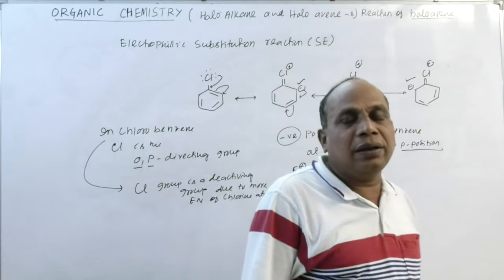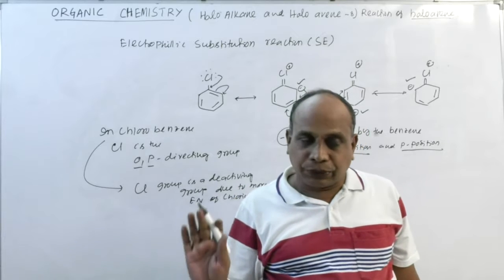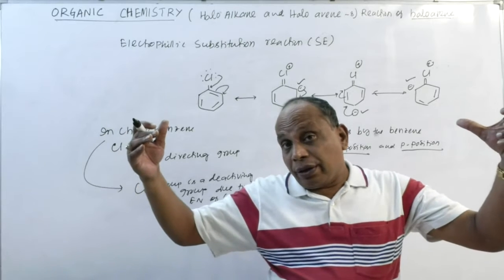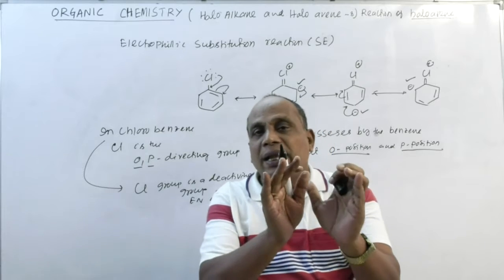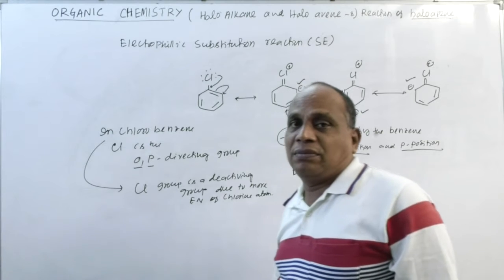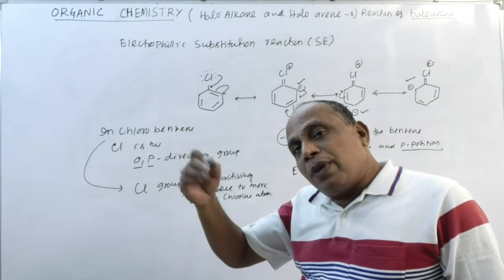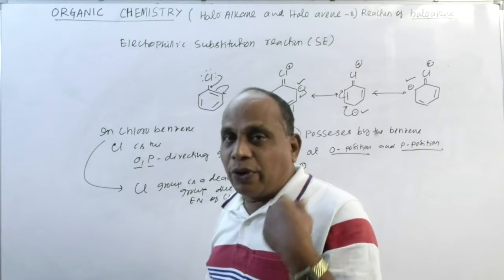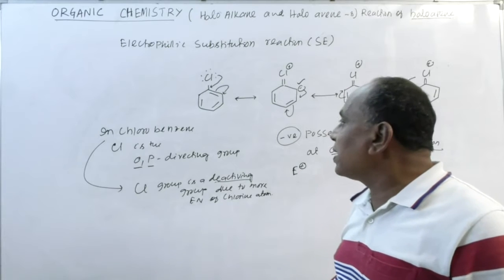Are you clear? It is a deactivating group because there is a large electronegativity difference between the chlorine and carbon atom. That's why the group is not activated, it is a deactivating group.